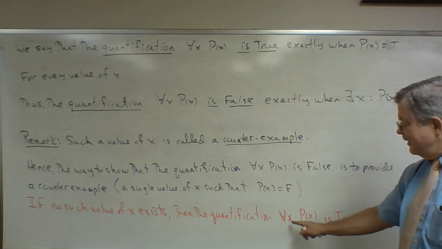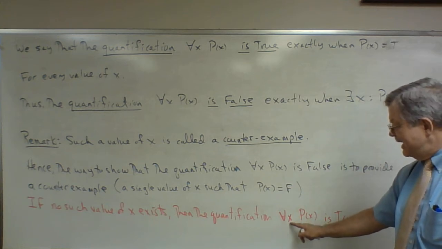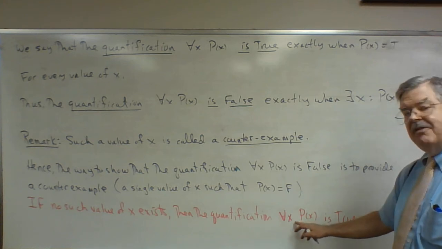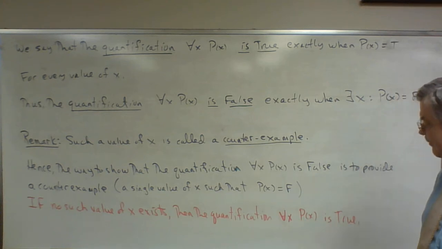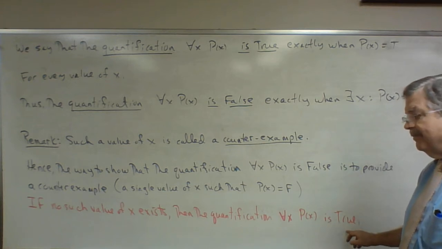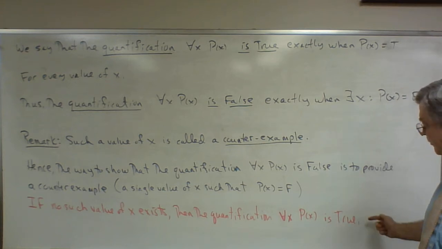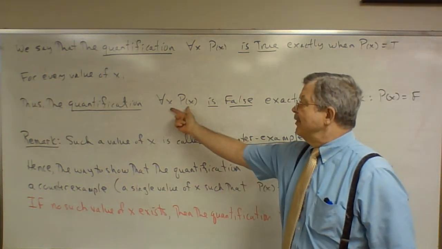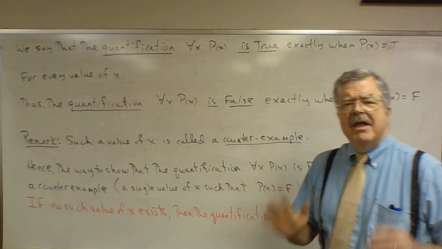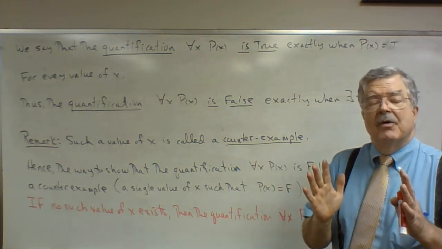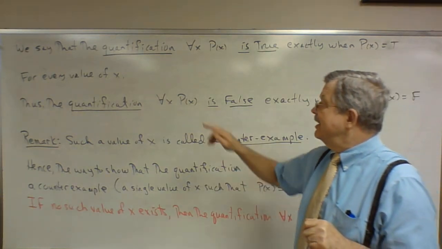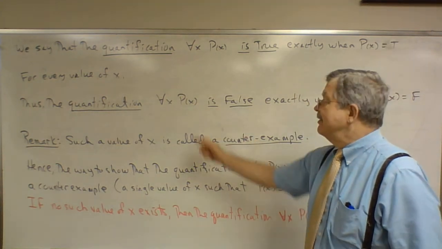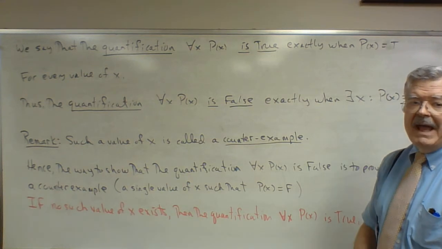So if there does not exist a value of x that makes P of x false, then the quantification for all x, P of x is true. So this is an important thing to remember. We have this quantification for all x, P of x. If we can't find, or if there does not exist a single value of x to make this thing false, then this thing is true automatically.